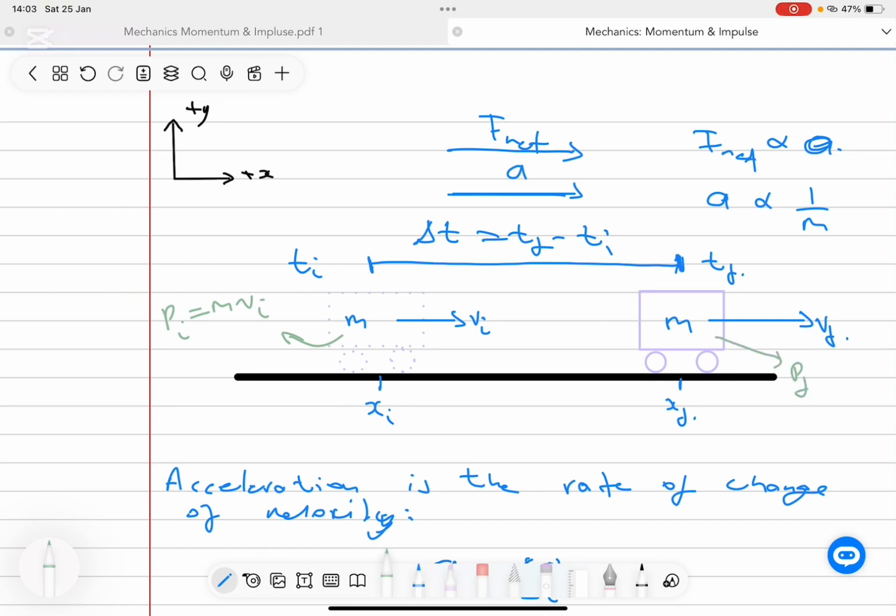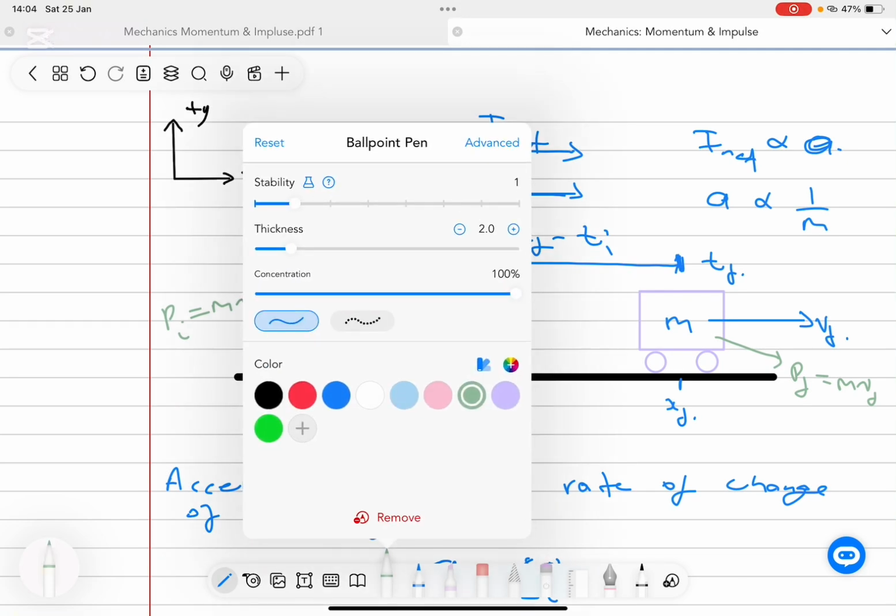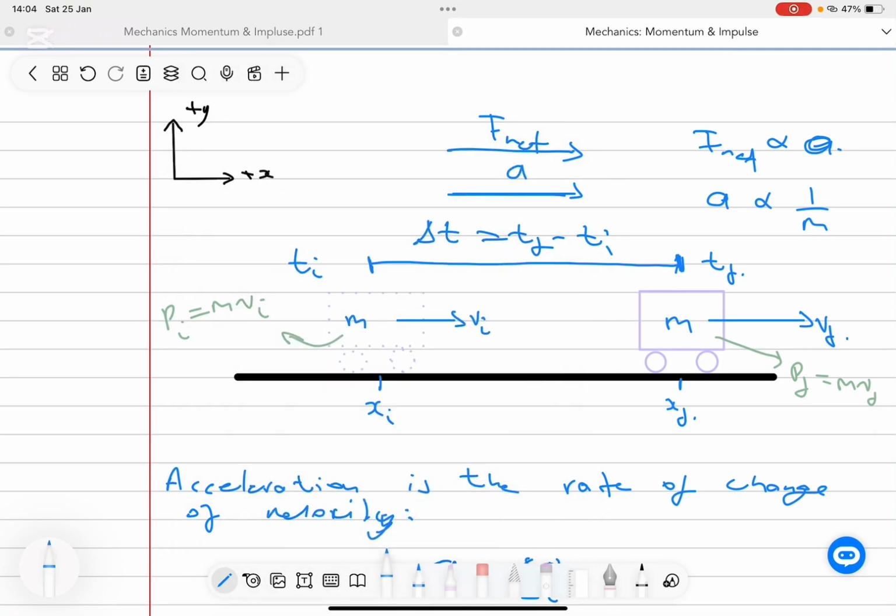And also here, I can define the final momentum because again, I have the mass and I have the final velocity. So this law basically tells us that when a net force acts on an object, it causes that object to change its initial momentum to a final momentum. It causes a change in the momentum over a given time period. That's what this law says.